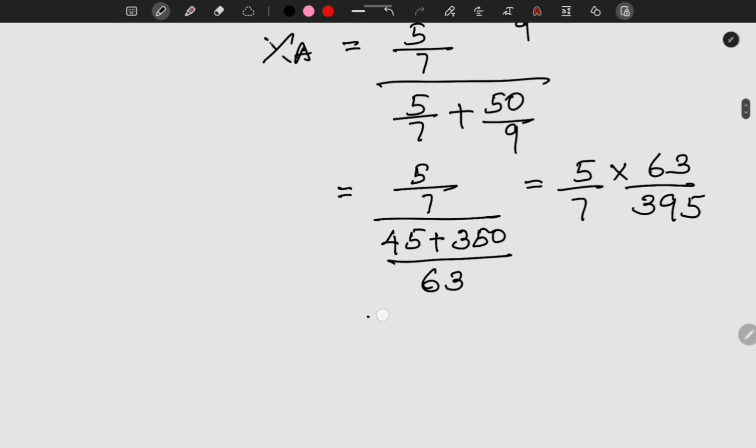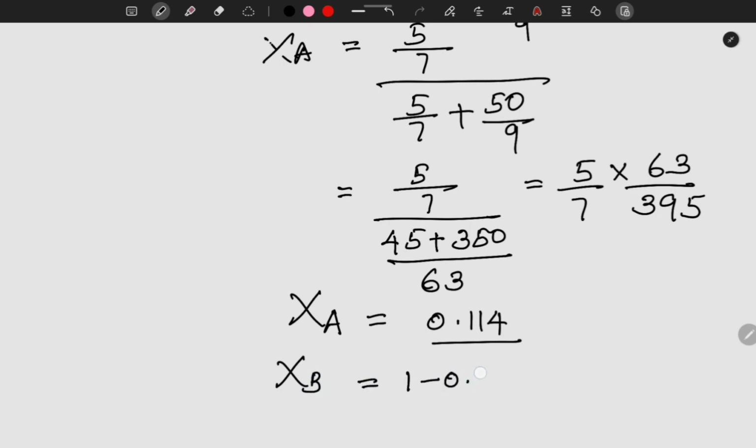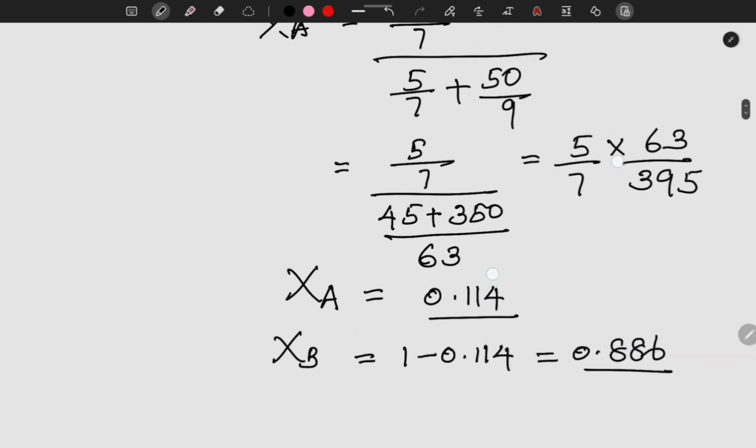When we simplify this, we will get 0.114. So that is the mole fraction of A. Mole fraction of B is equal to 1 minus 0.114, which is 0.886. Now we have the mole fraction of both.